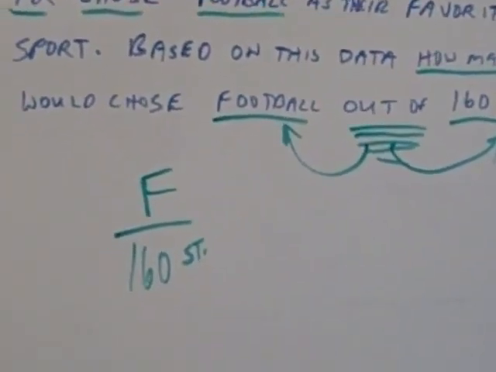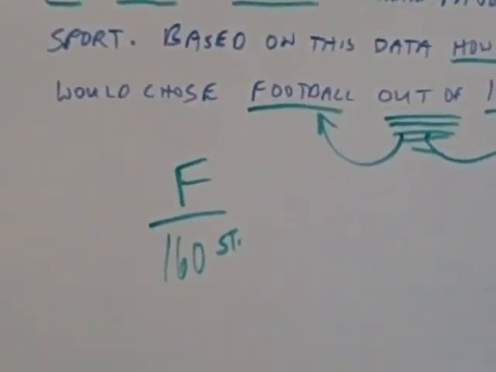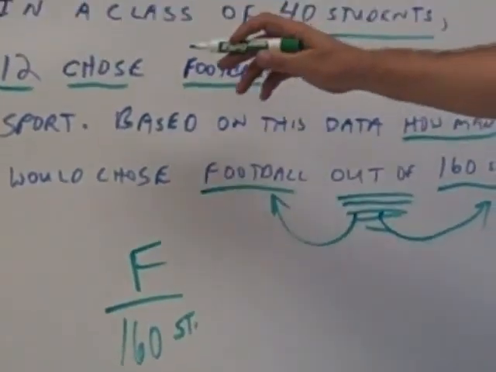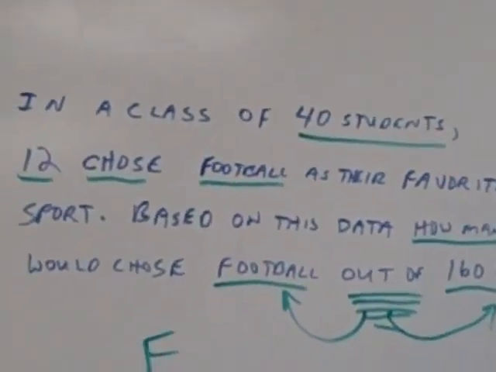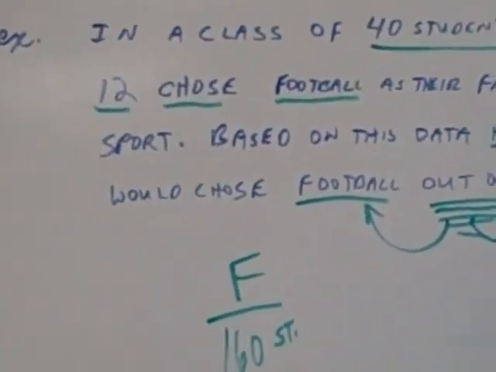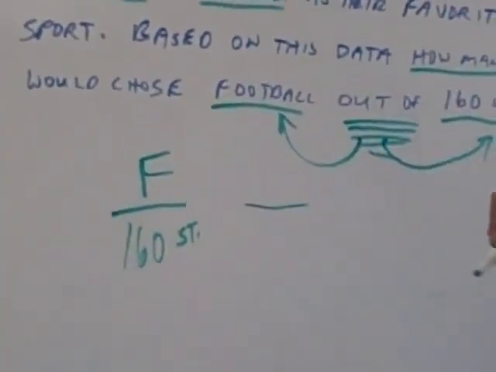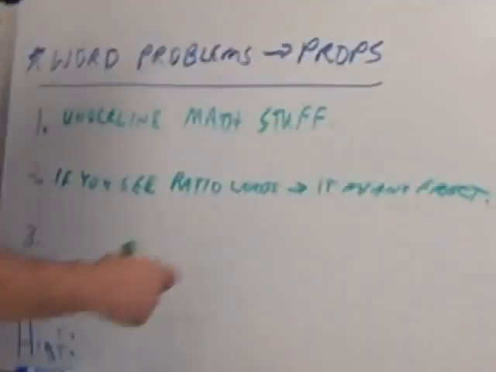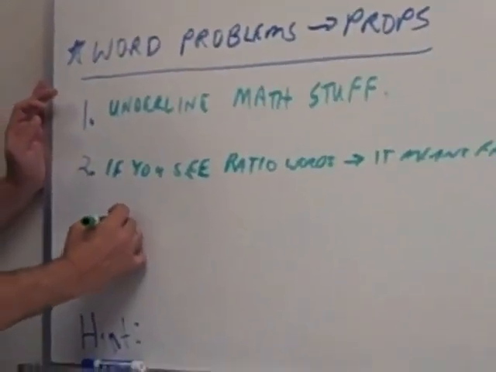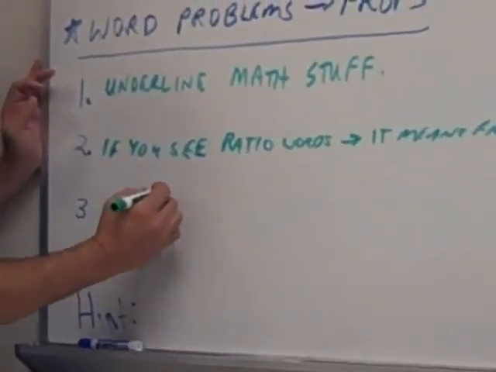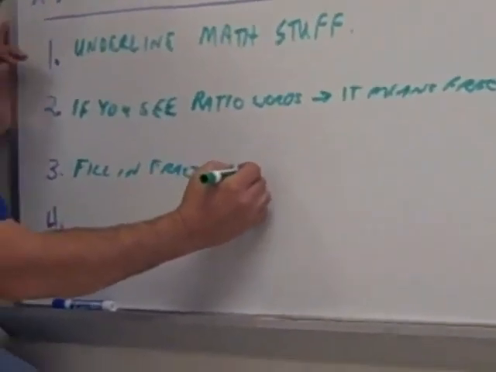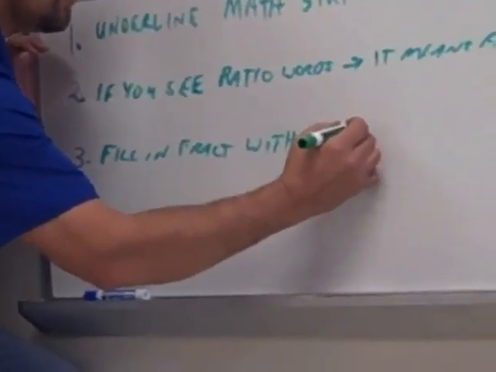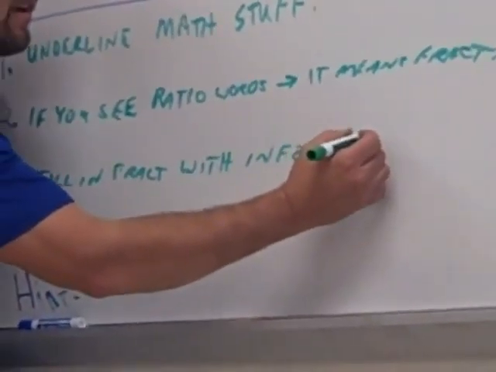That's great. The problem is, I still got other information here, don't I? Another fraction bar. So, it means a fraction. So, fill in the fraction with the info given.